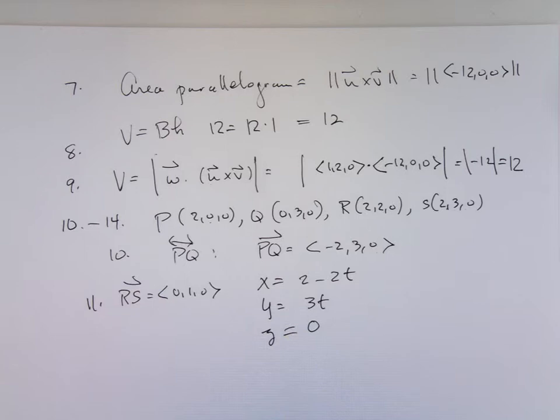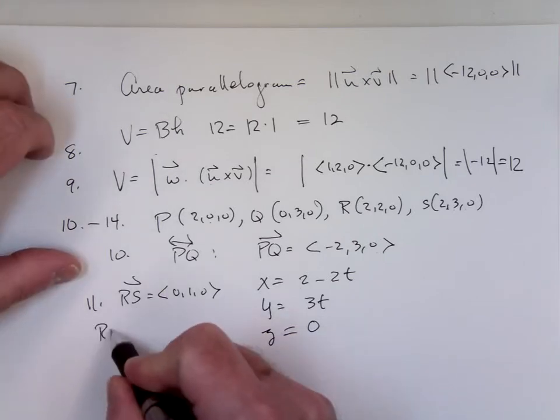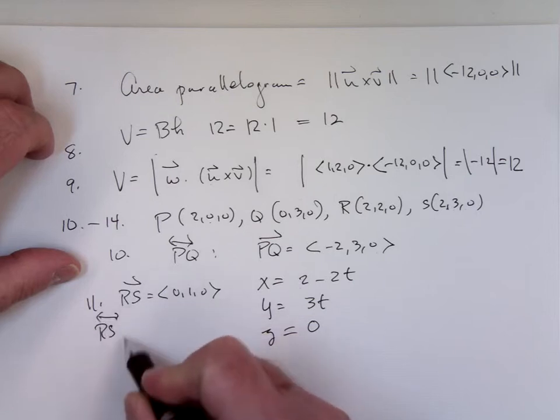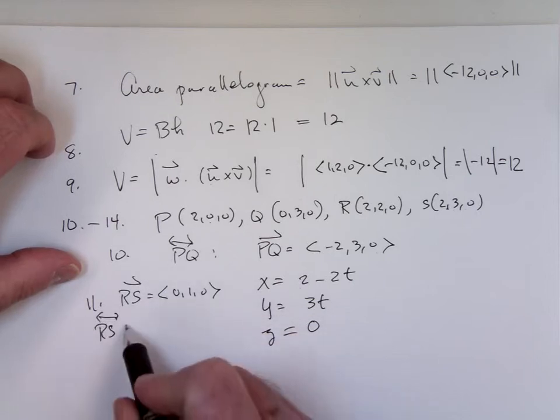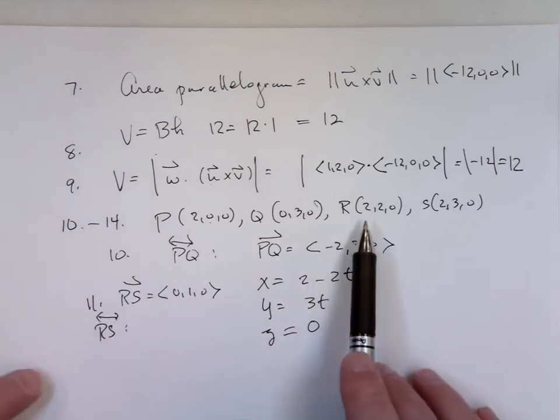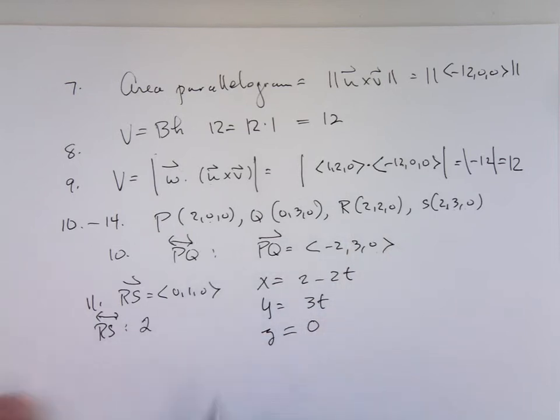But if you don't realize that, what's the way to tell if they're intersecting? Well, you see where the x's and y's are the same, and you check to see if the z's are the same at the same time. So let's find line RS. Here's a point, R, and we've got the direction vector.